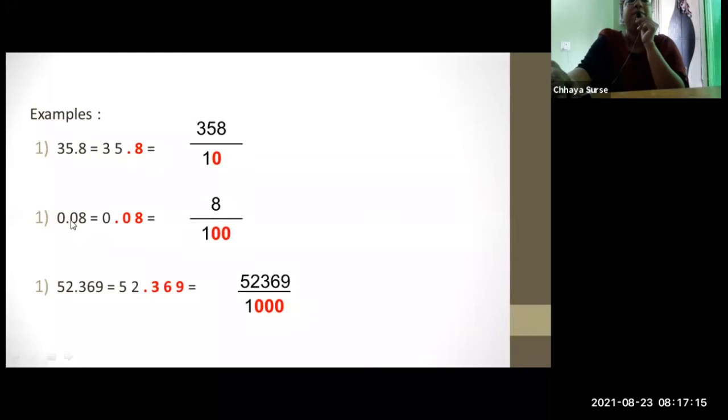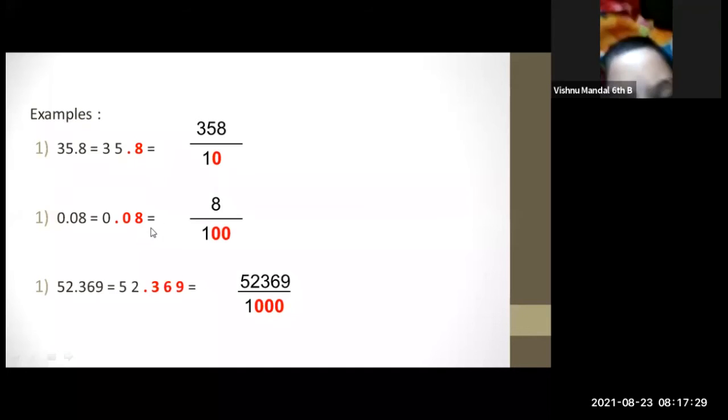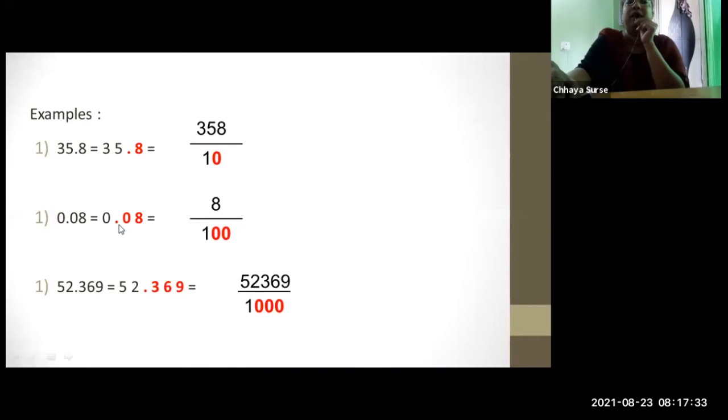How many decimal places are here? Yes, Pushka. Ma'am, 1. How many decimal places? Counted after the decimal point, shown by the red color.